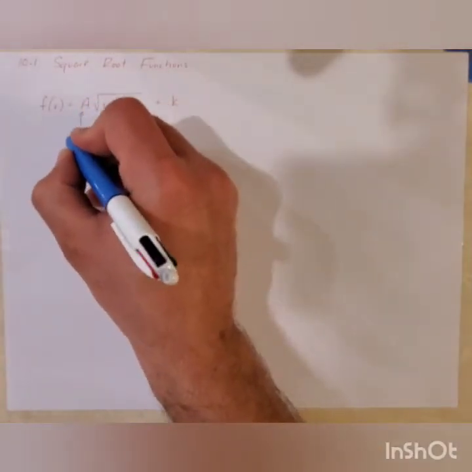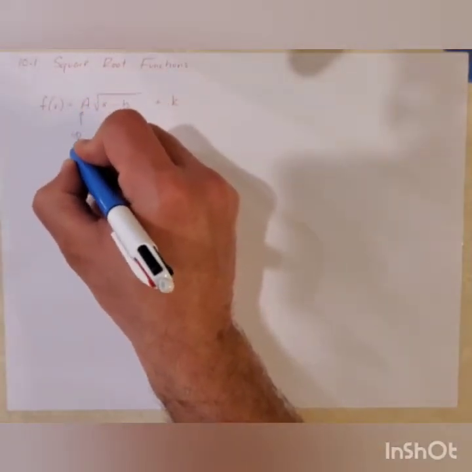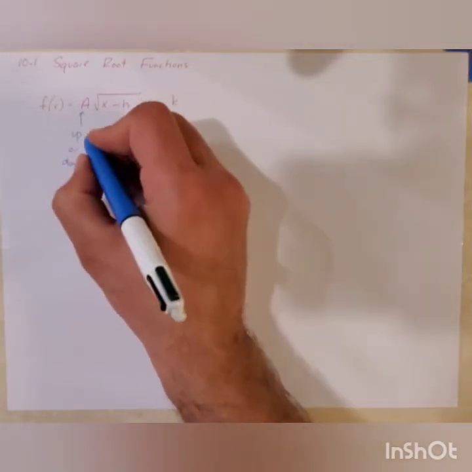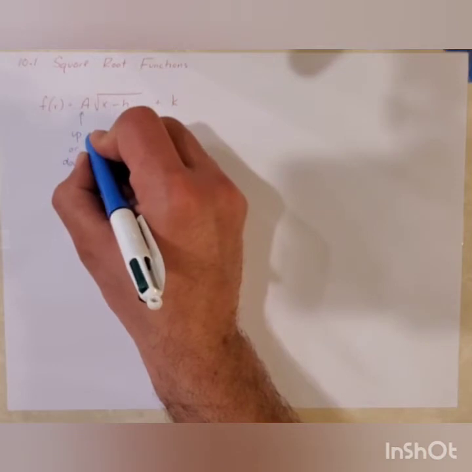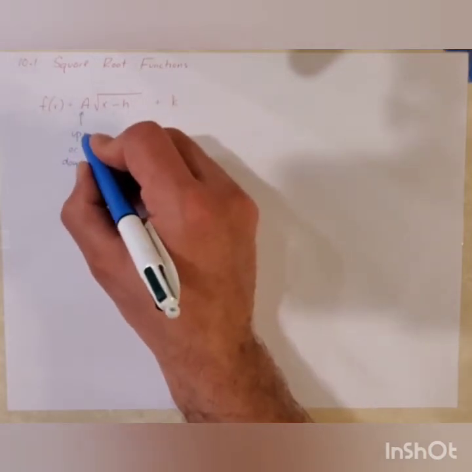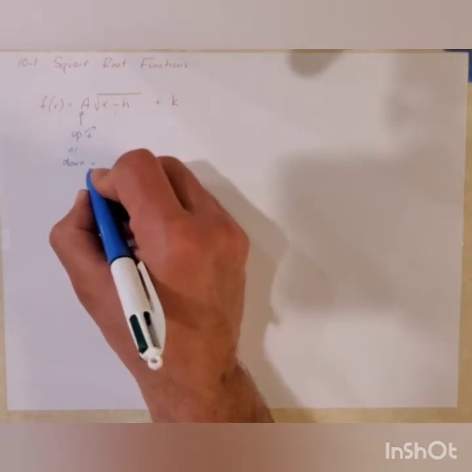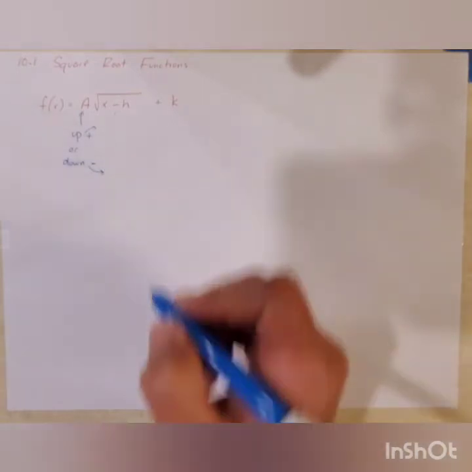So A is what decides whether the graph goes up or down. If it's a positive number, it's going to go up. If it's a negative number, it's going to go down.